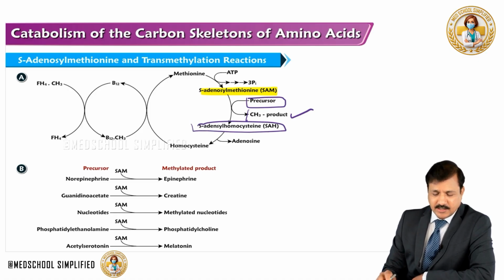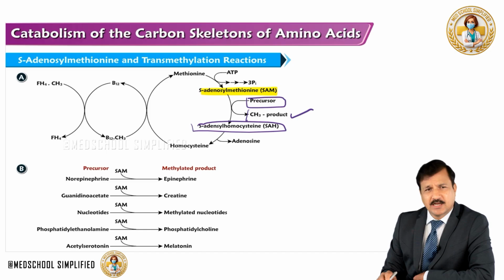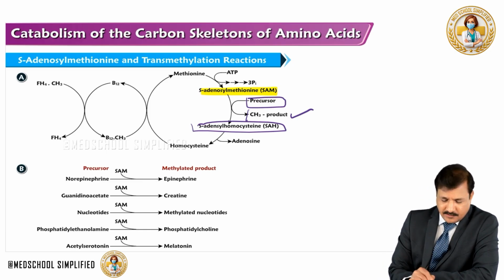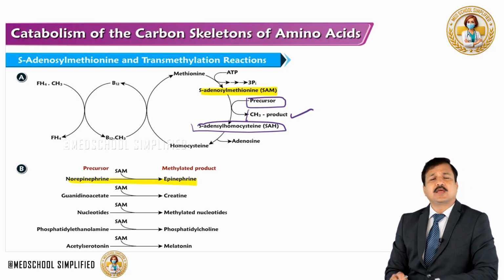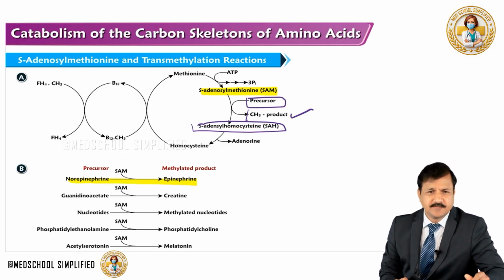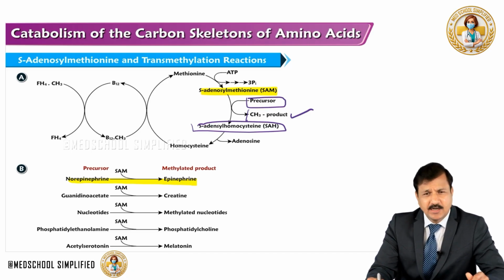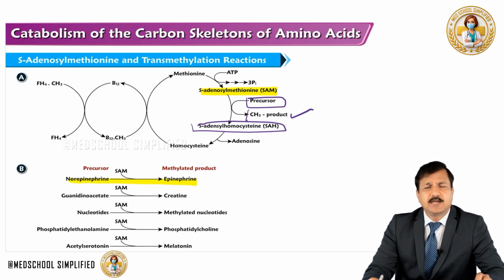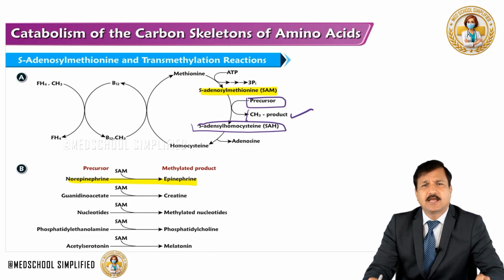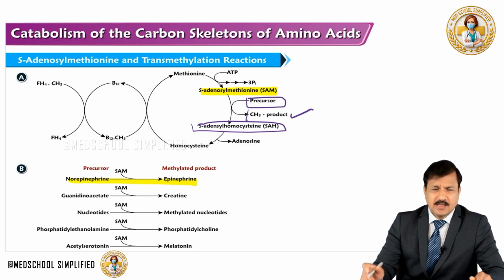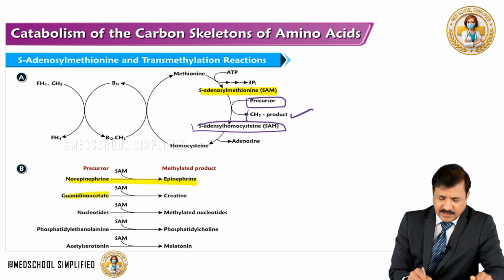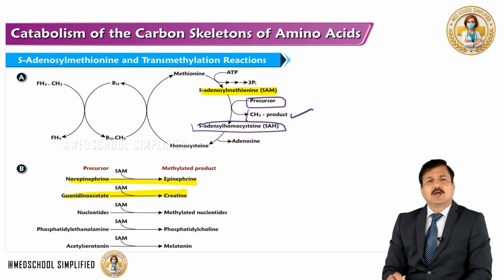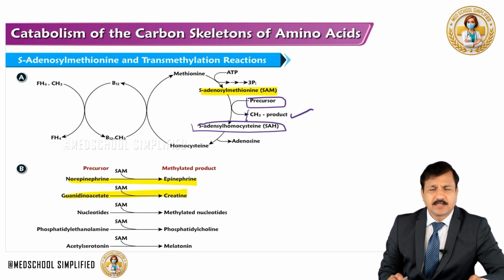Okay. Now let's see all the reactions that use SAM as the methyl group donor. Conversion of norepinephrine into epinephrine in neurotransmitter synthesis, especially in the adrenal medulla and some of the sympathetic neurons in the central nervous system, uses a methyl group that comes from S-adenosyl-methionine. That conversion is done by the enzyme phenylethanolamine N-methyltransferase. Then the conversion of guanidoacetate into creatine also uses S-adenosyl-methionine in a methyltransferase reaction.